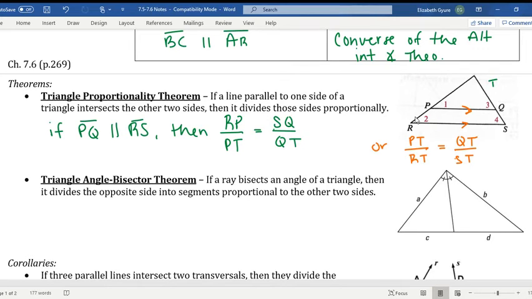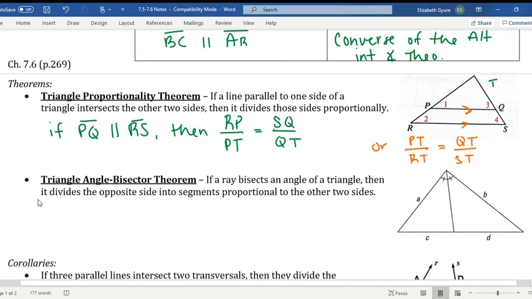So the ratio of RP to PT works, but the ratio of RP to RT also works, right? Sometimes you'll hear me refer to it as the small part to the medium part to the whole thing, or small to large to whole. So it's also proportional to the entire length. Okay, so you'll see a few different ratios written there.